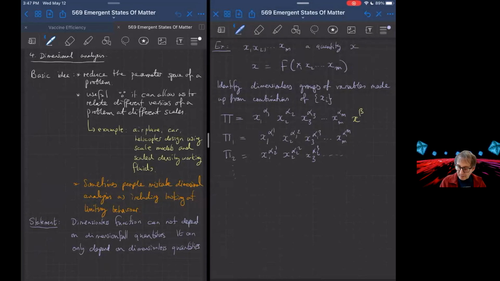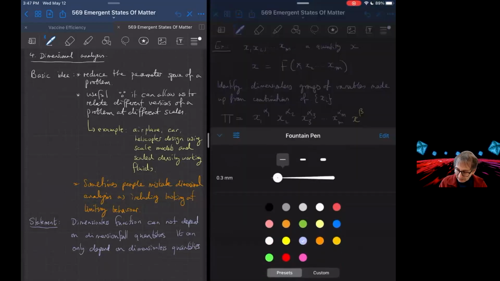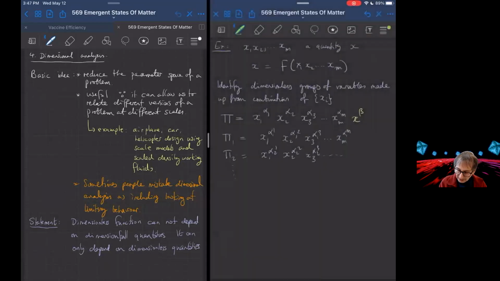Okay, so I can obviously do that. And how many of these are there? Well, the whole point about dimensional analysis is that there may only be n of these. So let's say that the number of these dimensionless groups is n, but we started off with m. So we have m variables, and in fact only n dimensionless combinations.